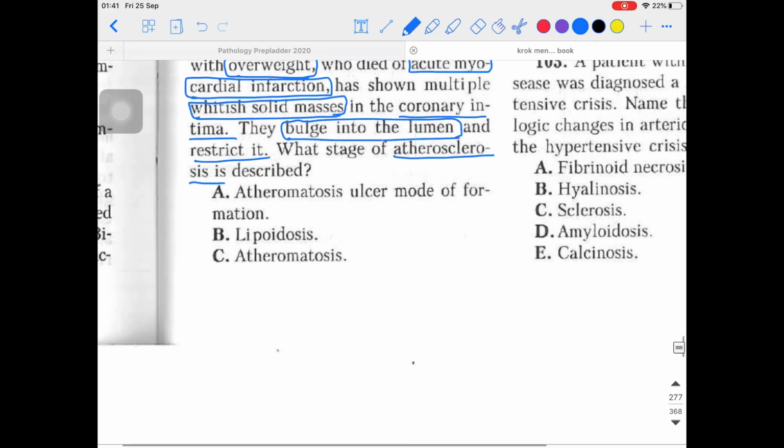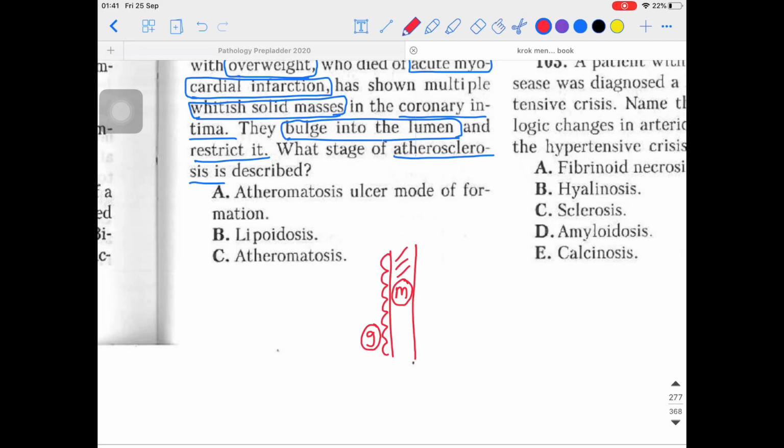Look, okay, this is a very simple diagram. Let's say this is the tunica media, and this is the tunica intima. I denotes tunica intima.